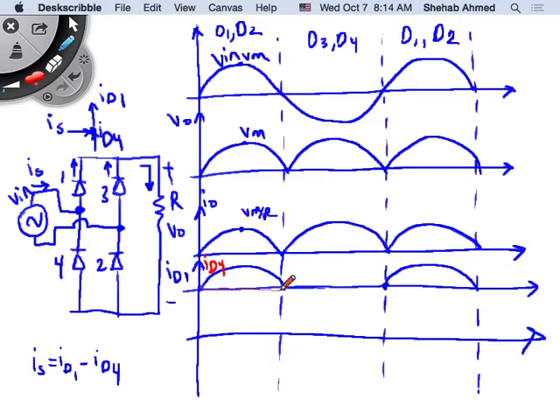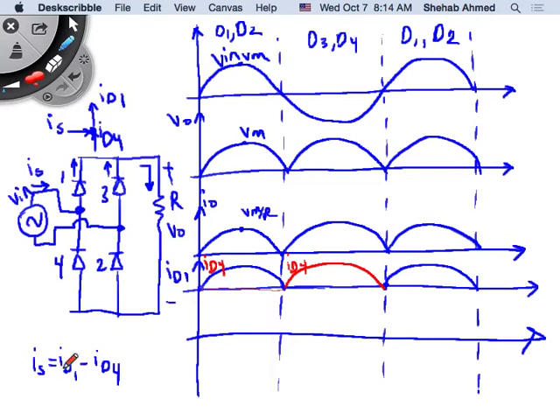It's 0, and then it looks like the output current in the next half cycle. This is ID4. ID3 and ID4 are the same current, and ID1 and ID2 are the same. So the red is ID4, the blue is ID1 on this curve.